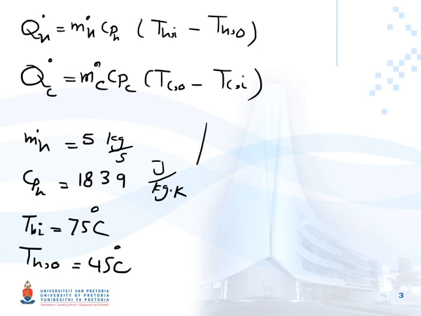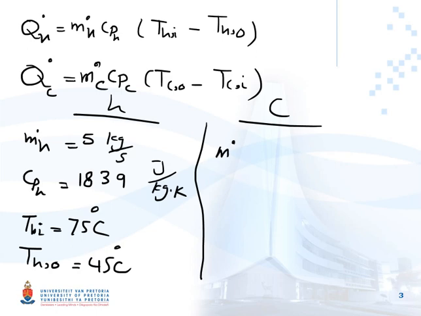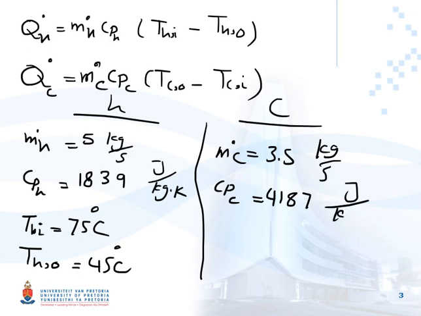On the other hand, for the cold fluid, we have some information as well. We know that m dot c is 3.5 kilogram per second. Cp cold is equal to 4187 joule per kilogram Kelvin.